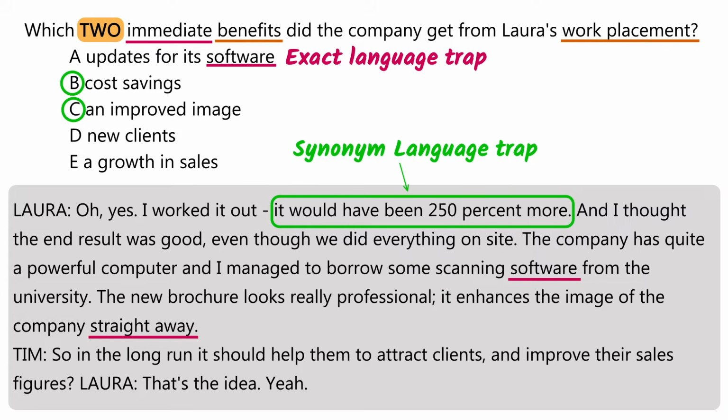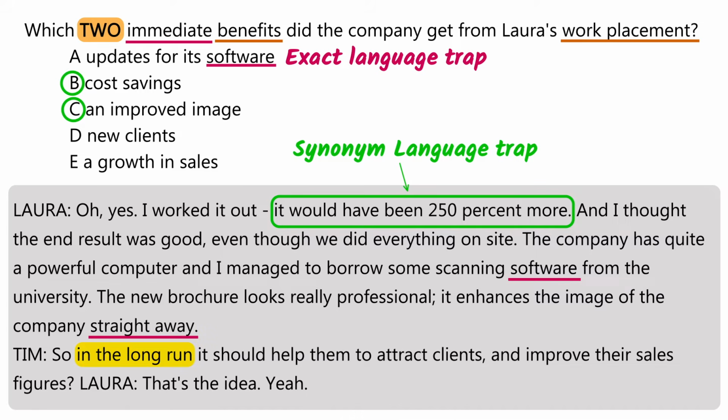And then Tim continues, and he says, so this is a little bit challenging here, because here Tim also talks about the benefits, but there is a little bit of a difference. So in the long run, it should help them to attract clients and improve their sales figures. And Laura says that's the idea, yeah. But it is long run.